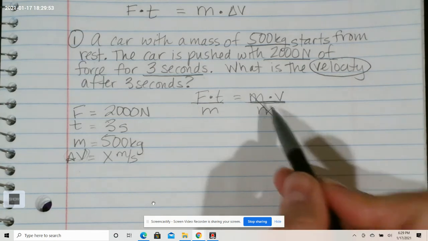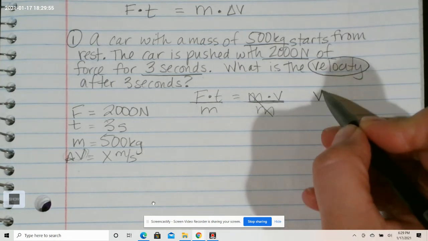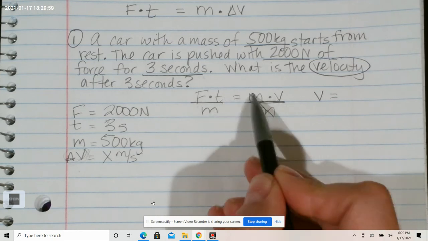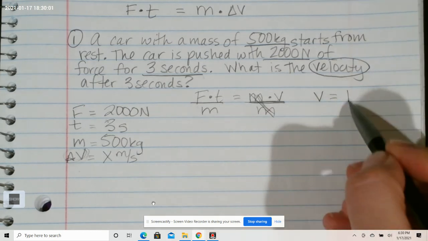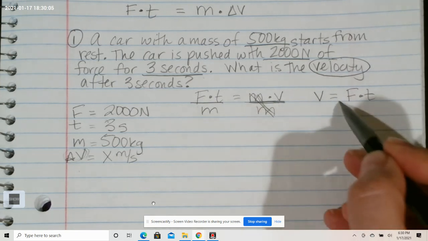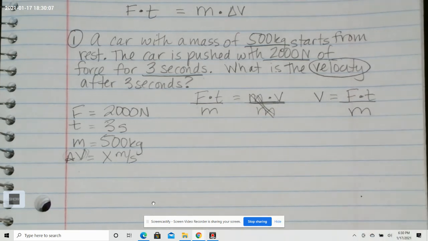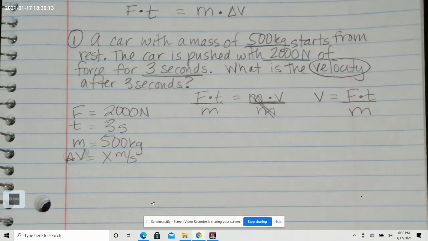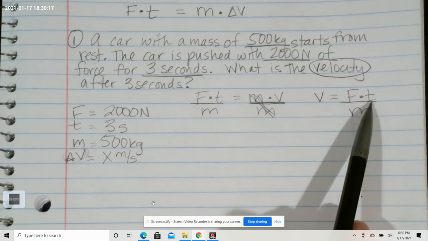Now I can write it out correctly and say I have V by itself, so V equals, I'm just writing it backwards because M's gone, force multiplied by time, that's on the top, divided by mass. There's my equation. If you wanted to plug in all the numbers and divide them out before making the equation, that's really fine too.